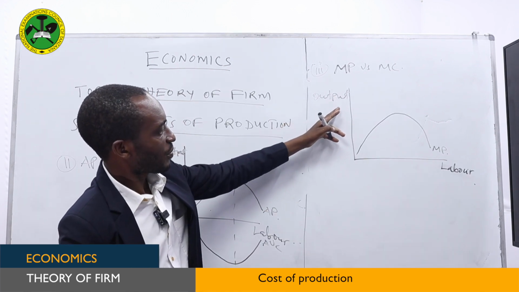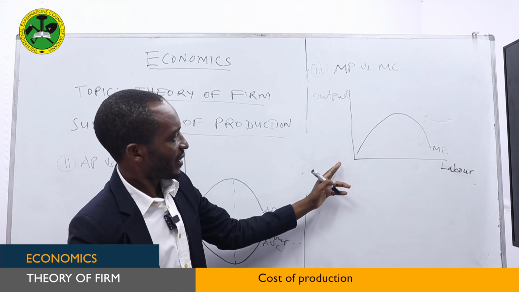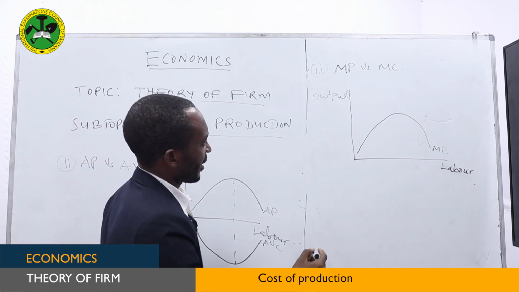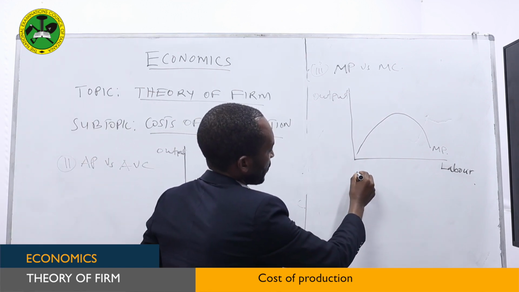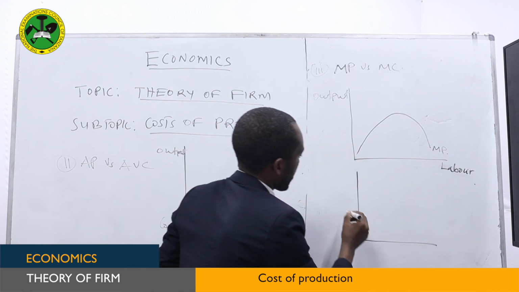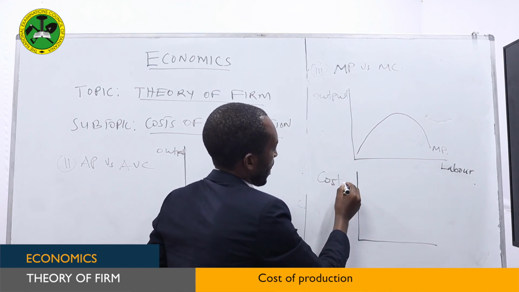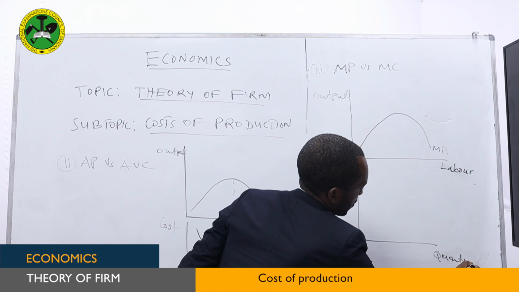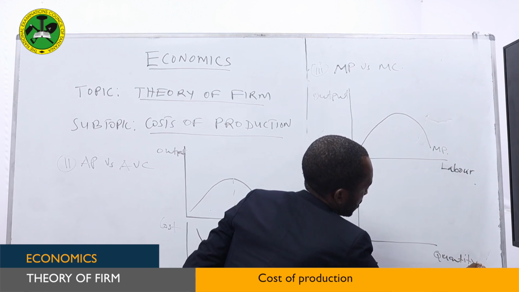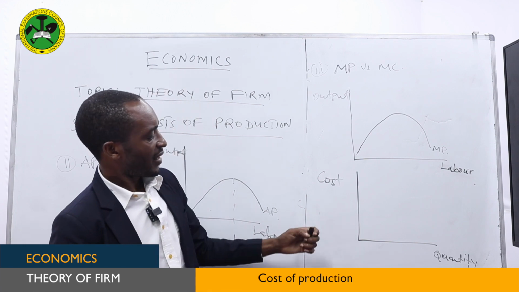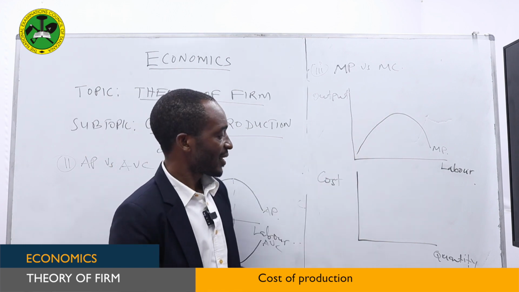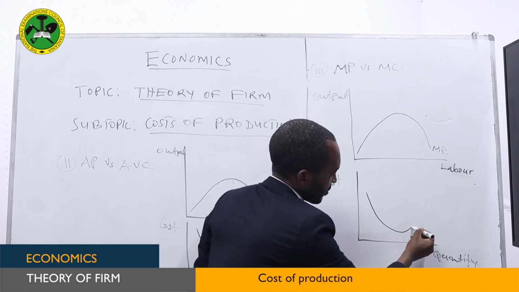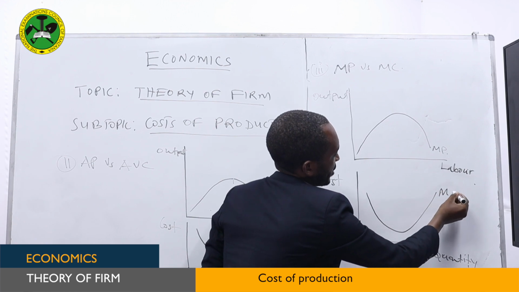The marginal product increases, reaches a maximum, then declines. Then we have a cost curve, which is the marginal cost curve. Here is cost, and here is output produced. When the marginal product increases, the marginal cost will start to decline, then reach a minimum, then start to increase. So this will be the marginal cost.